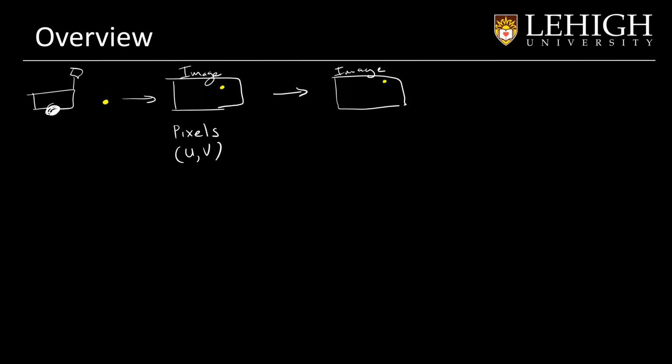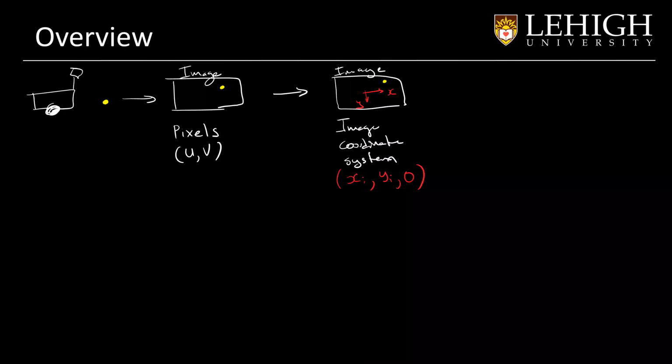Now our next step is going to convert from the pixels to the image coordinate system that we will represent as xi and yi. I want to highlight that here we don't have depth, right? We don't know how far the point is from the camera.